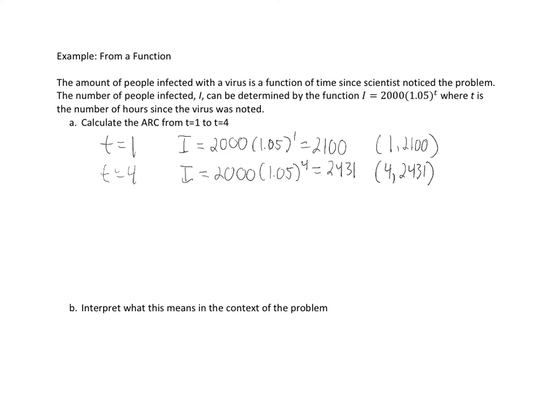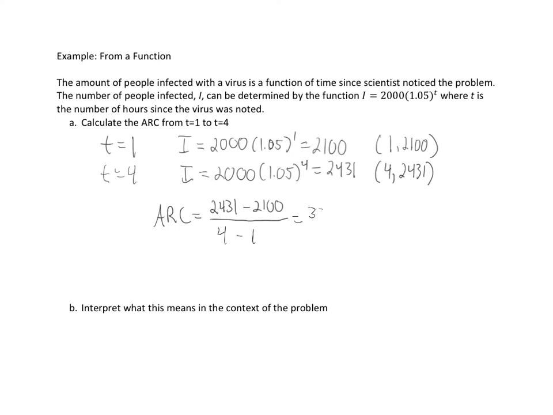So let's calculate the average rate of change then. The average rate of change would equal the change in the outputs, 2,431 minus 2,100, over 4 minus 1.